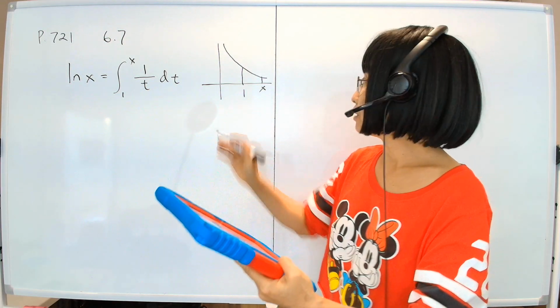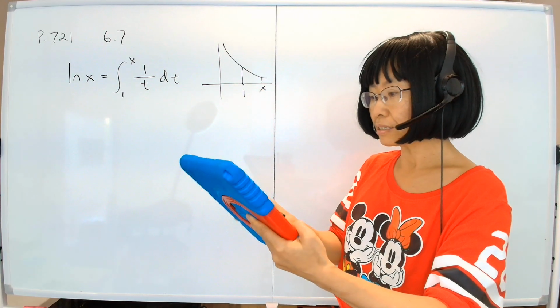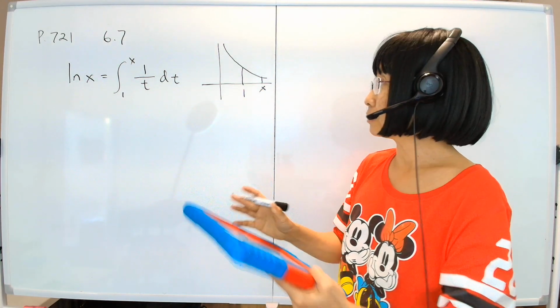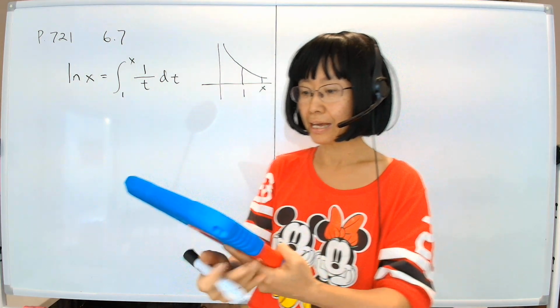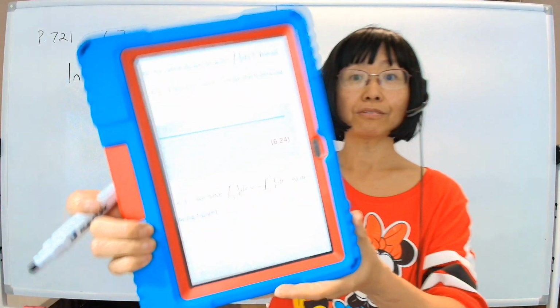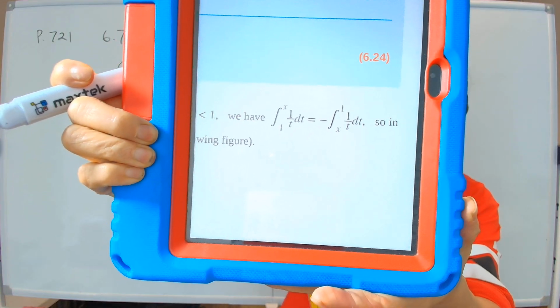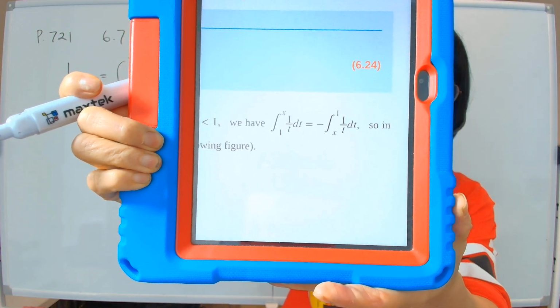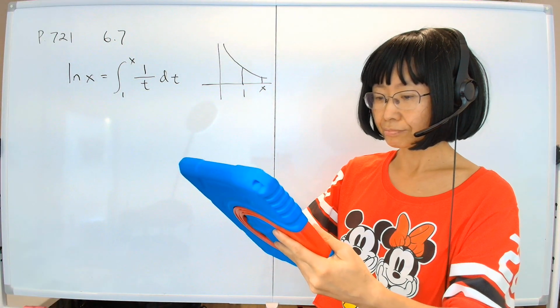However, what if x is less than 1? Well, then you integrate backwards. And when you integrate backwards, it's the same as the negative form. When you integrate from 1 to x, but x is less than 1, it is the same as putting a negative sign in front. That's one of the rules of integration.